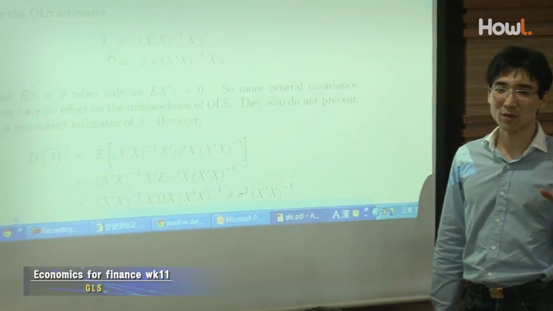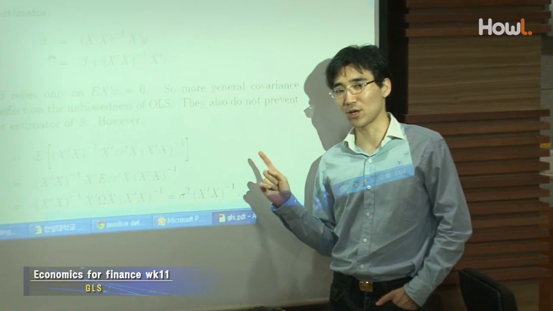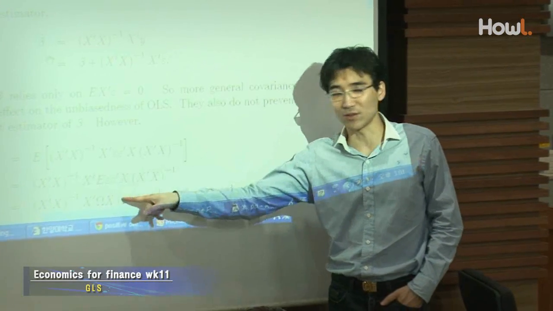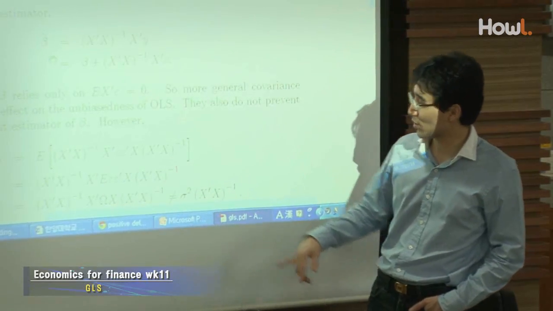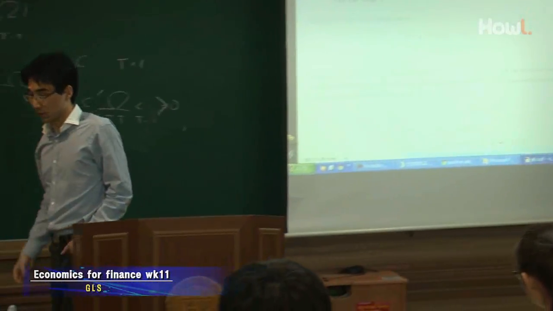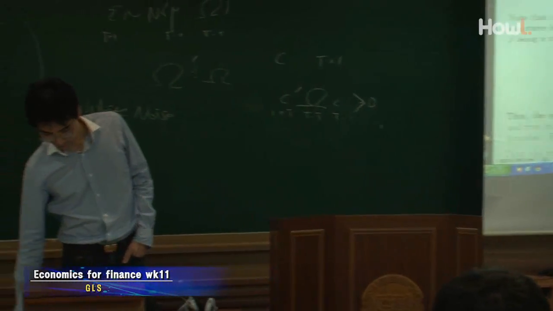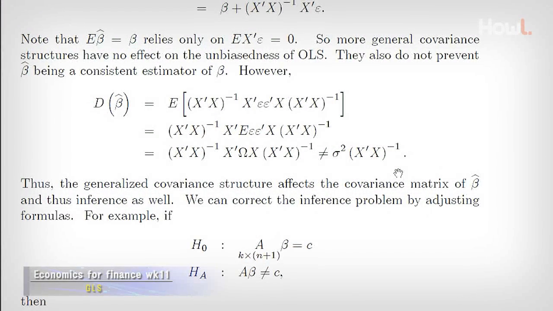In our usual OLS estimator, the variance covariance matrix of beta looks like this. Now it is different. Thus the generalized covariance structure affects the covariance matrix of beta hat and thus the inferences.